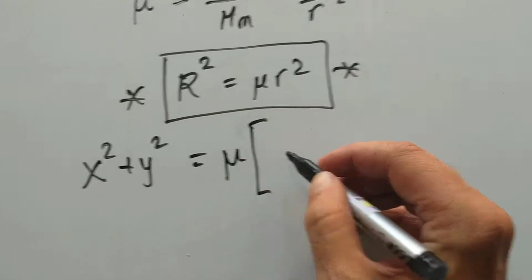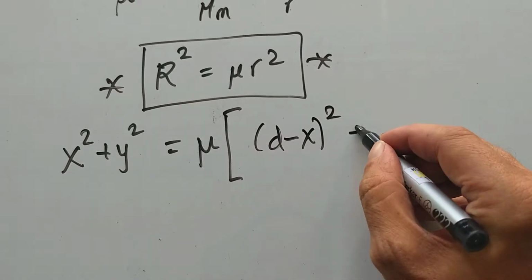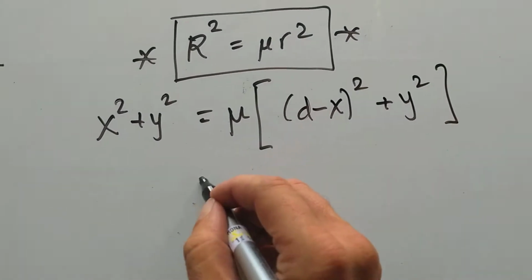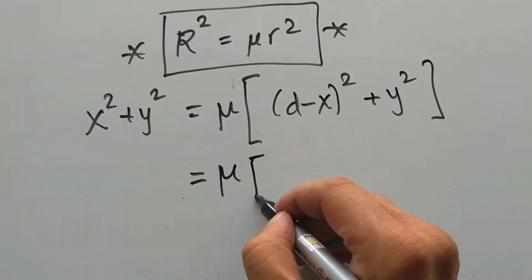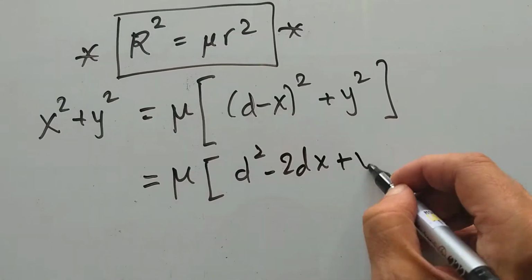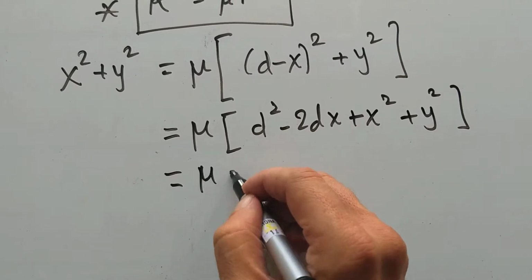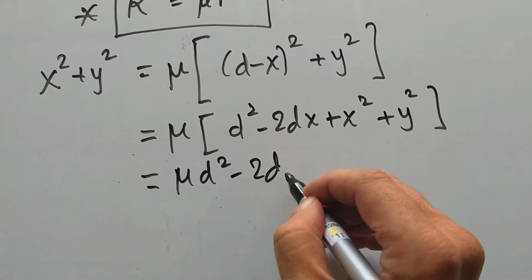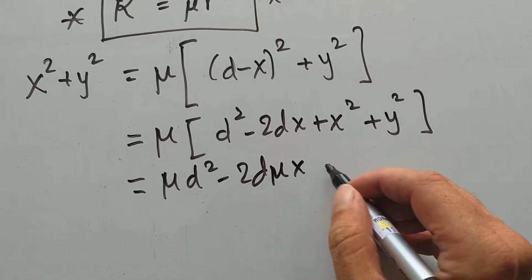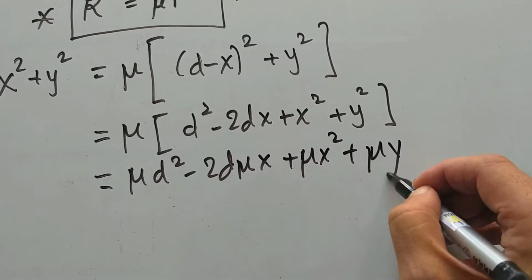Now, let's be careful with algebra. D minus x squared plus y squared. Okay, this is mu d squared minus 2dx plus x squared plus y squared. This is mu d squared minus 2d mu x plus mu x squared plus mu y squared.